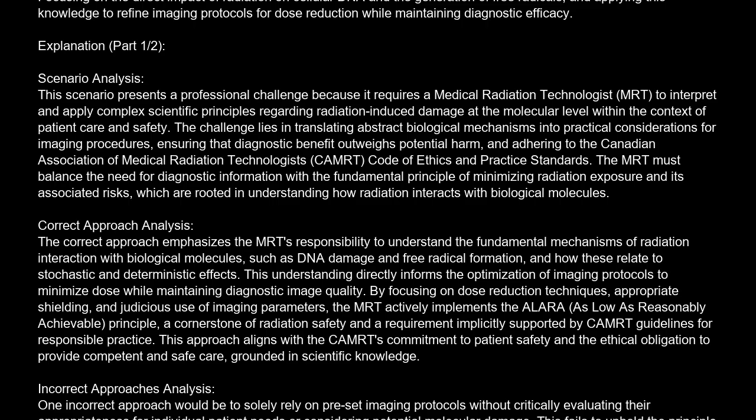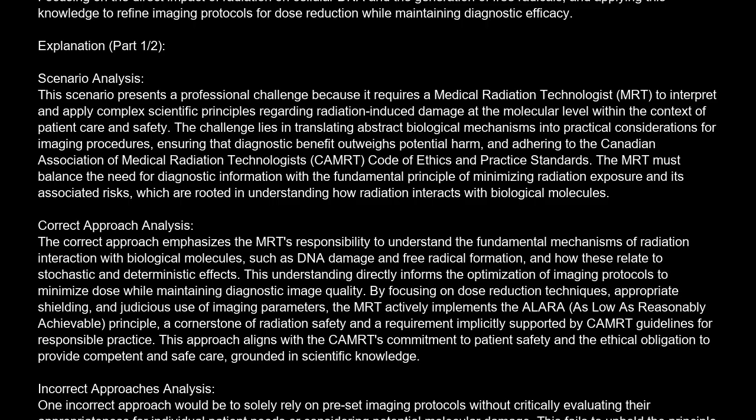Explanation. Scenario analysis. This scenario presents a professional challenge because it requires a medical radiation technologist, MRT, to interpret and apply complex scientific principles regarding radiation-induced damage at the molecular level within the context of patient care and safety.